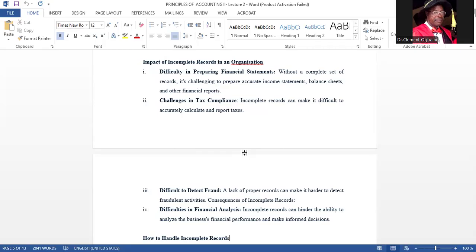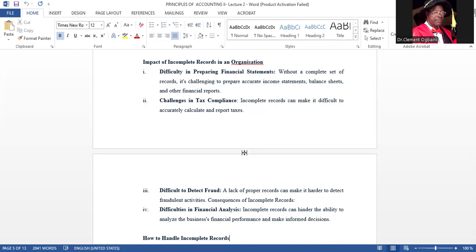Because the records are incomplete, it will be very difficult to comply with the demands of the tax office. That is why you see that many companies don't put a signboard in front of their company. Some will run away when tax officers are coming. It's not because they don't really want to pay tax, but because they don't have complete accounting records. So it becomes difficult for the tax officer to ascertain how much that company is supposed to pay.